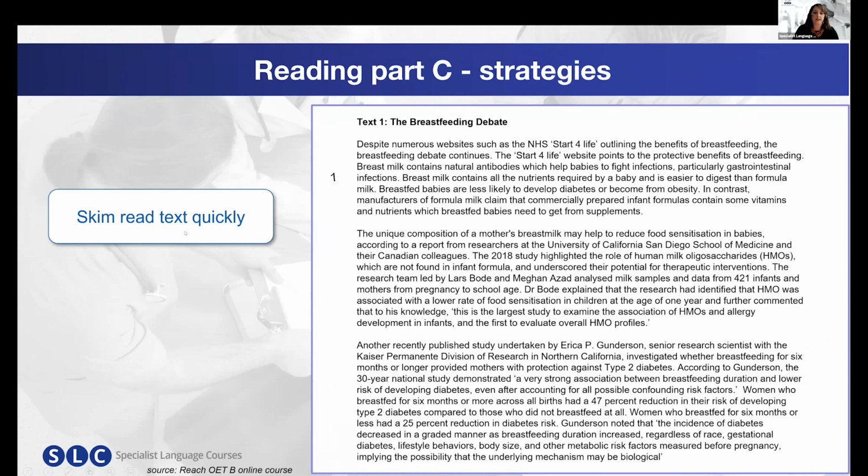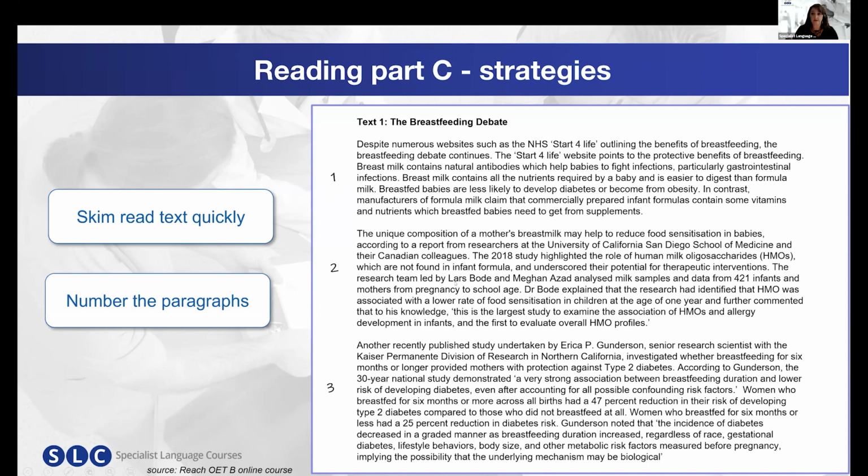So you really need to read through quickly to get a general idea of the topic, the format and the content of the text, but not a slow and detailed reading. So you'll need to practice your speed reading skills for OET Part C.